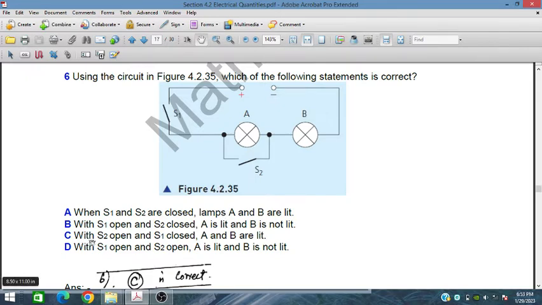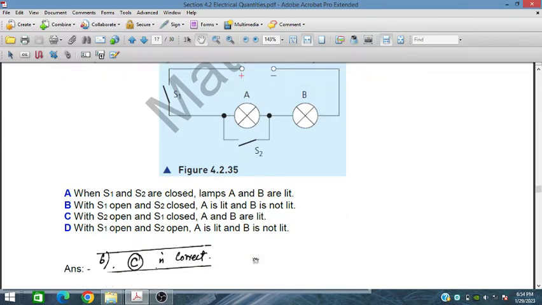And with C, S2 open and S1 closed, A and B are lit. Yes, this is positive, so current will flow like this. This is a battery, and if this is closed, the path will be completed from positive to negative for conventional current, and for electrons it will also work. If this is open, then both lights will glow. So C is correct.